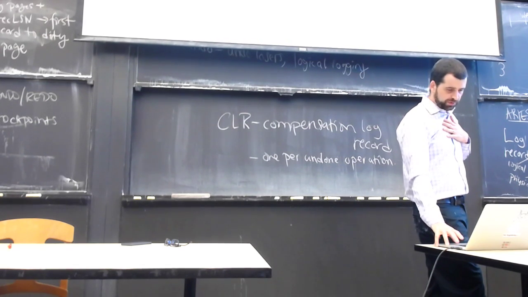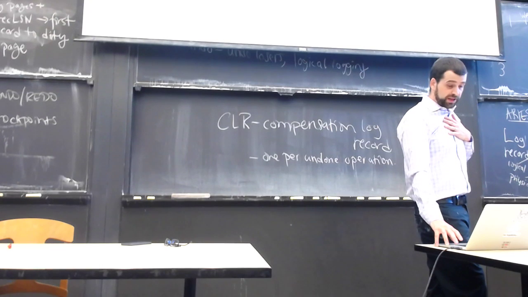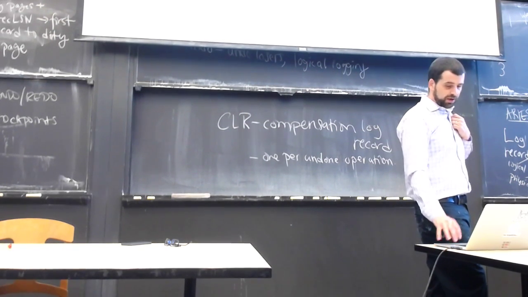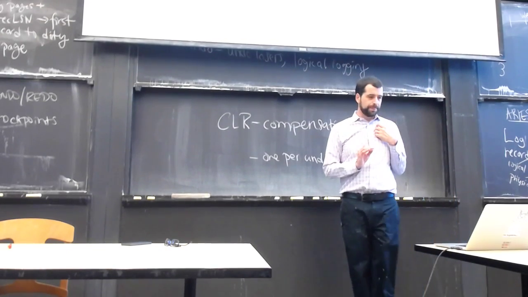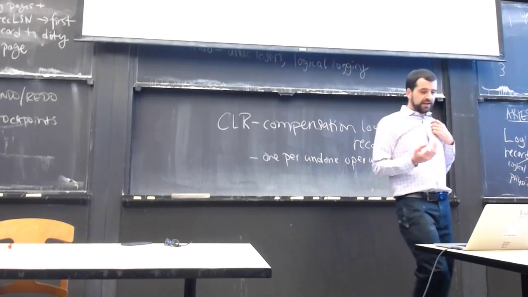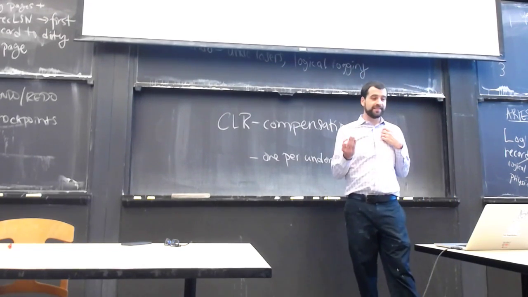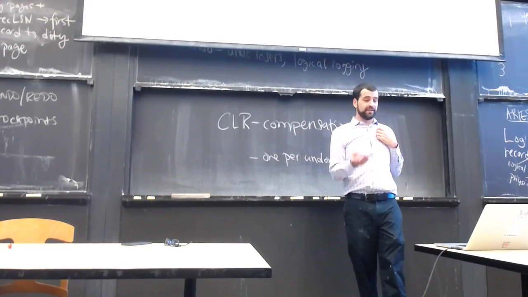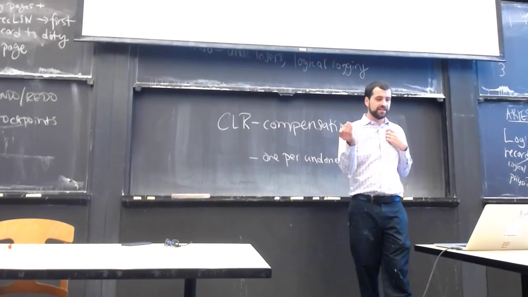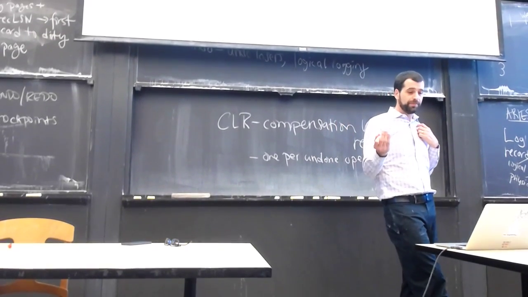This is just the undo that we already saw. Our loser is transaction ID 3. When we undo this operation 13, we're going to write this CLR record. After, or prior to, undoing the operation, we write the CLR that has the contents of the modification that we're going to make as part of the undo operation.